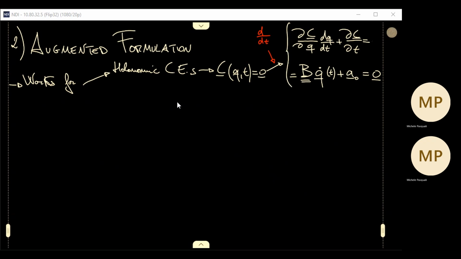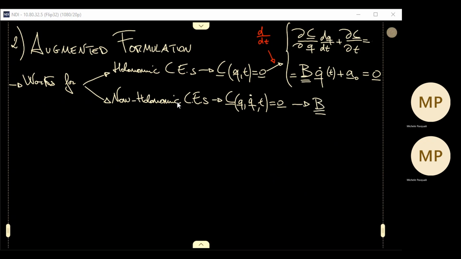Okay. Or otherwise, we have non-holonomic constraint equations. And therefore, we have C of q, q dot, and t. And this, already we have C, can come directly in the form that we have just written.